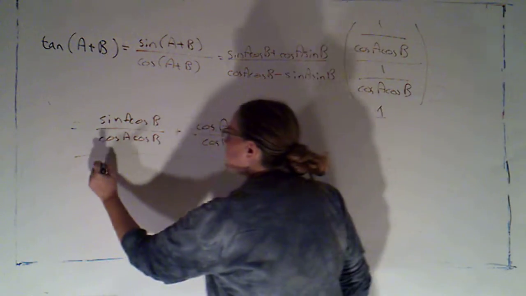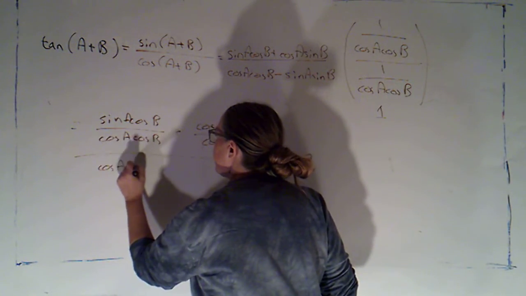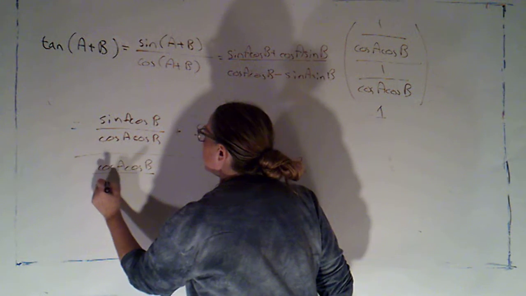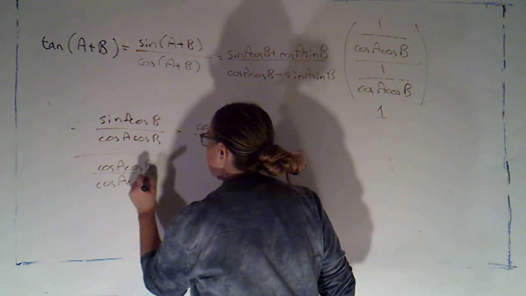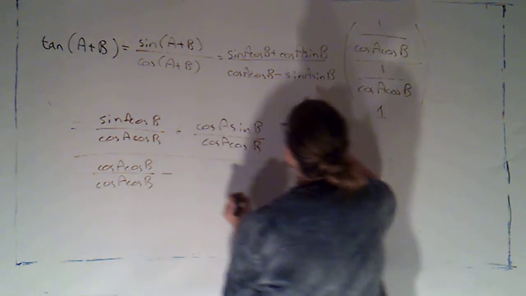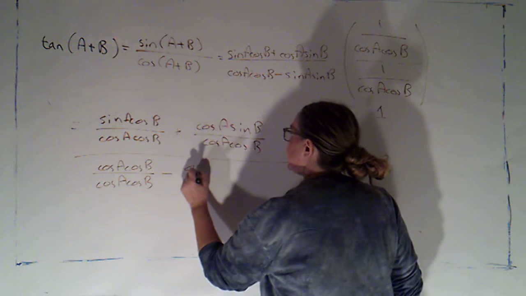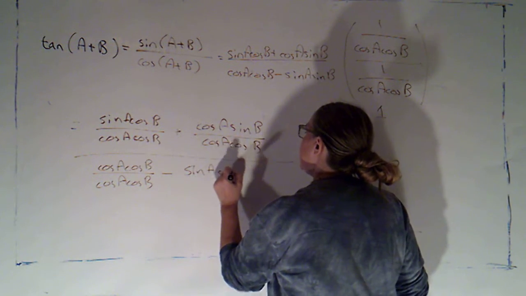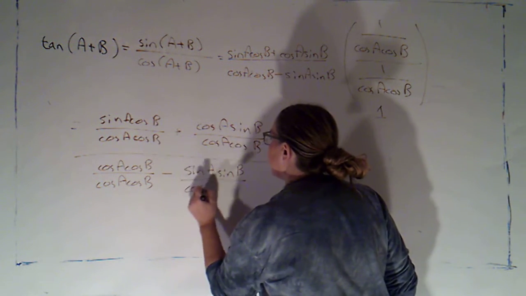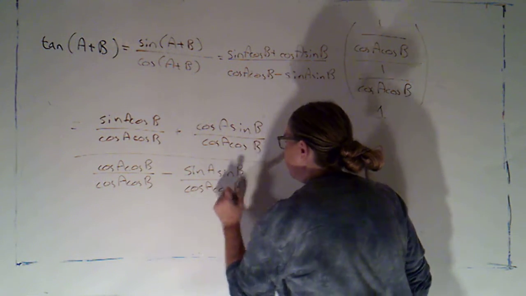So I'm going to have cosine A cosine B over cosine A cosine B minus, now this piece, sine A sine B over cosine A cosine B.